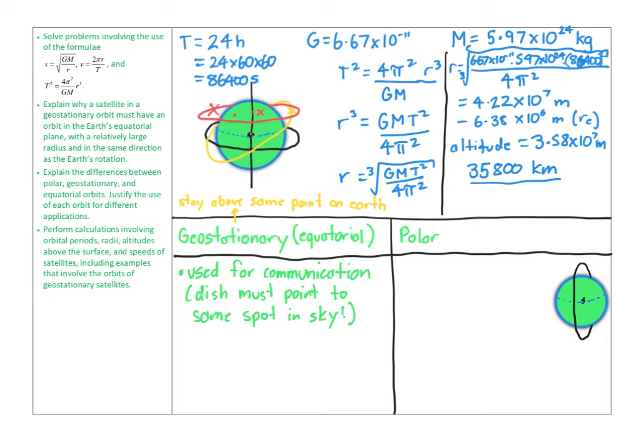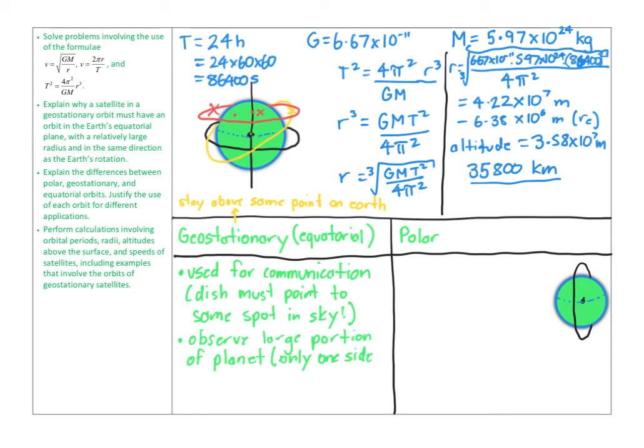They also allow you to observe a large portion of the planet, because when you're that far out looking back you can always see, but only one side, because they're always above the same spot.